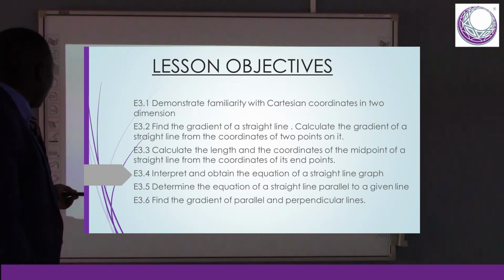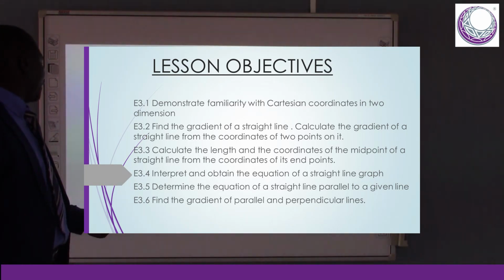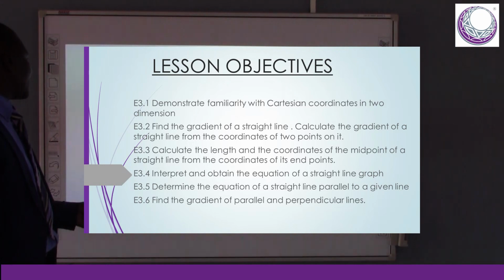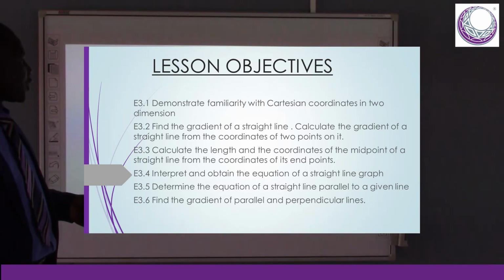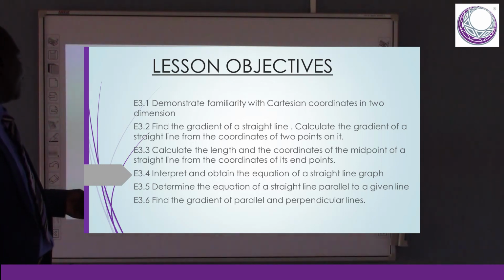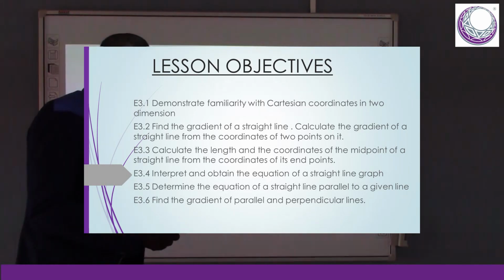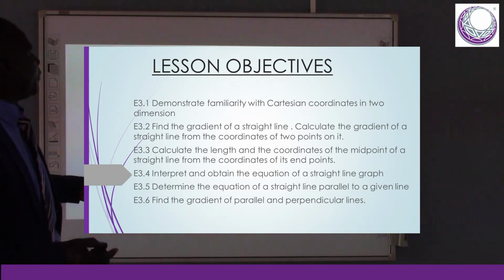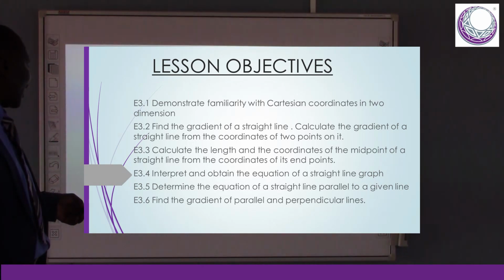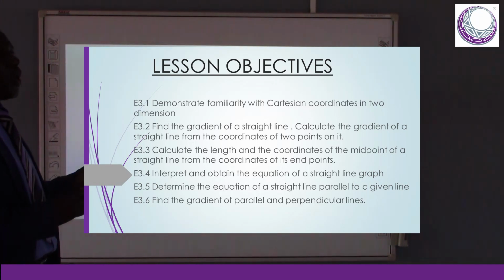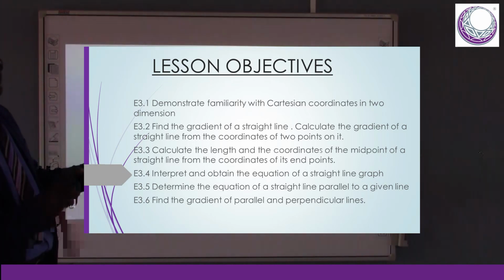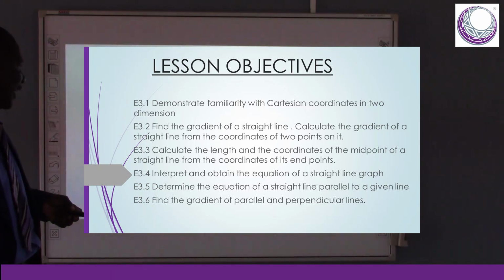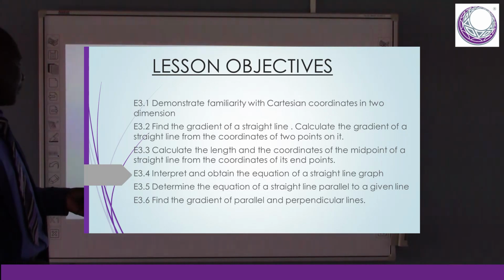E3.3, per syllabus: calculate the length and the coordinates of the midpoint of a straight line from the coordinates of its end points. In other words, when we are given 2 coordinates, we should be able to find the length of that particular line or its midpoint, or you can be given the midpoint and an end point. We should be able to find the length of those particular lines.